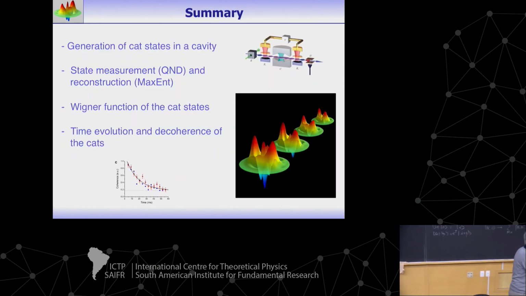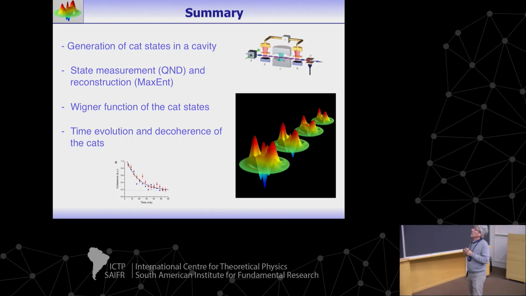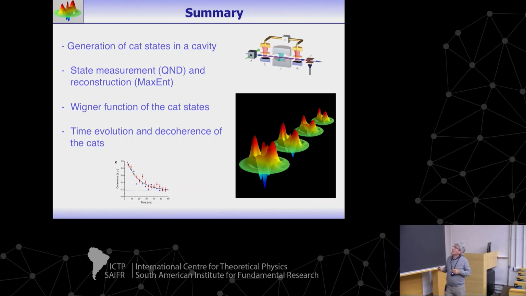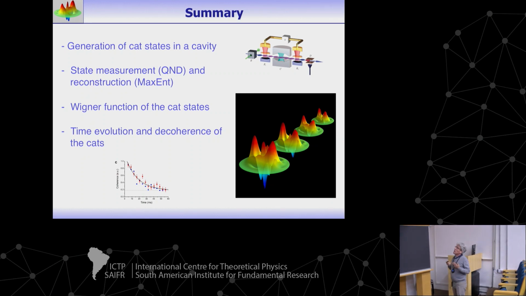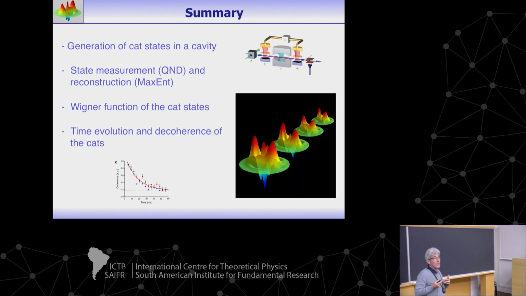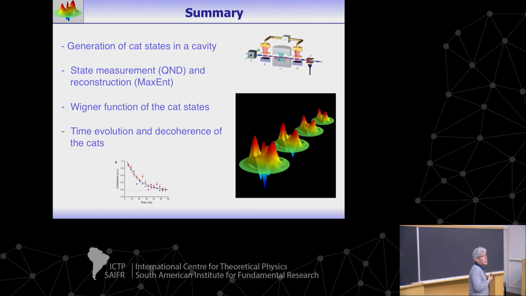So I will now conclude this lecture by showing again the Schrodinger cat decoherence signal. We saw two different methods for generating a Schrodinger cat state in the cavity. In the first lecture, I considered resonant interaction, which also leads to a Schrodinger cat.